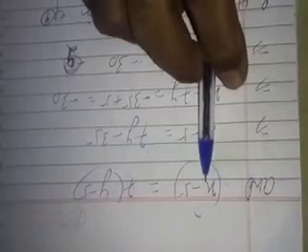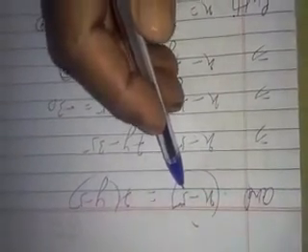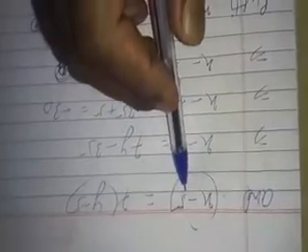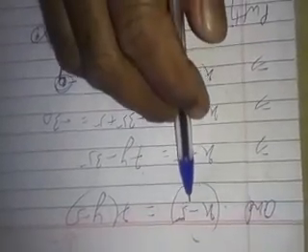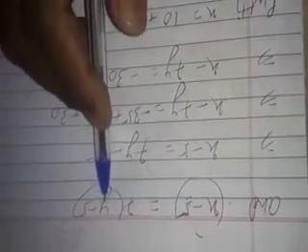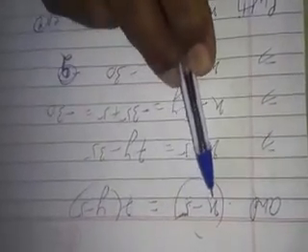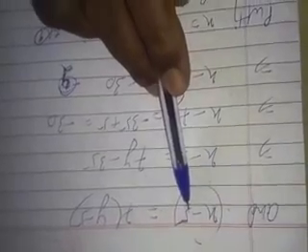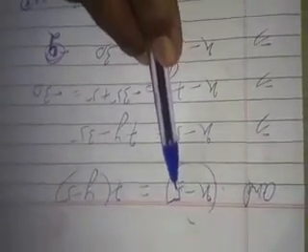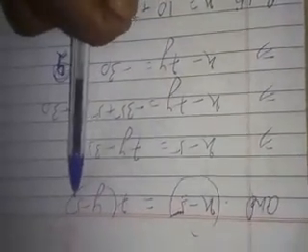Therefore, to find out the age 5 years ago, we have to subtract 5 from the present age. So we get x minus 5. And to get the age of the son 5 years ago, we will again subtract 5 from the present age of his son. So we get x minus 5 for the age of Jacob 5 years ago and y minus 5 for the age of his son 5 years ago.